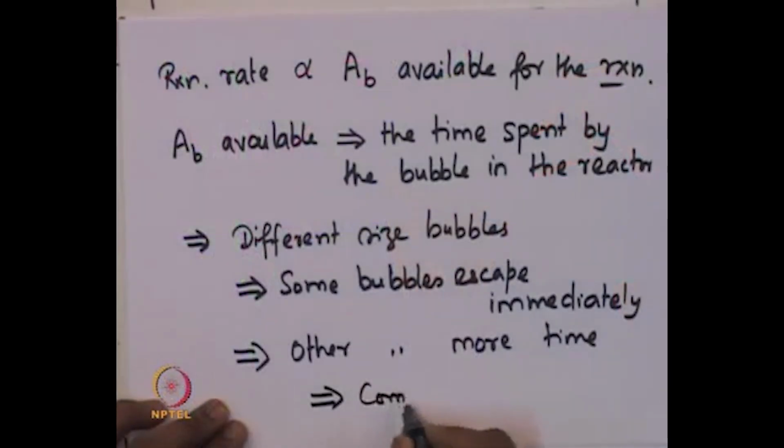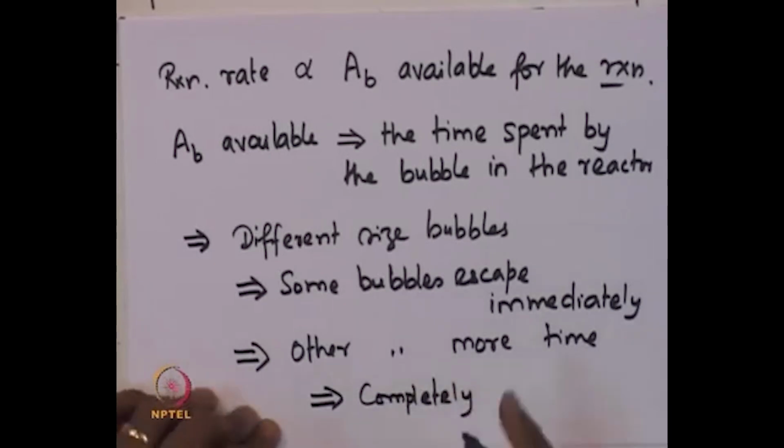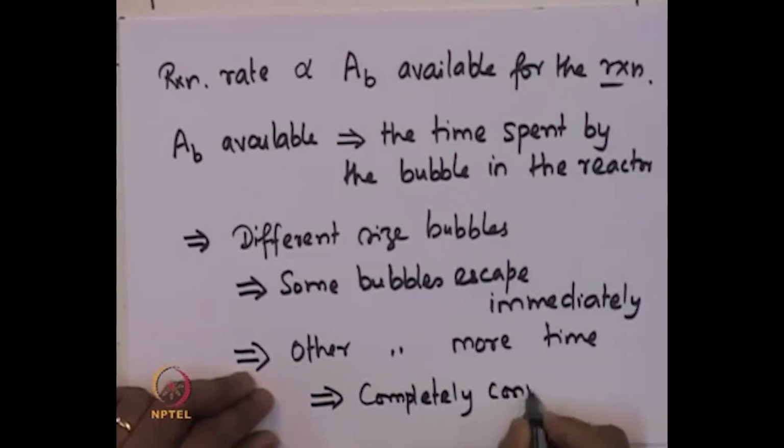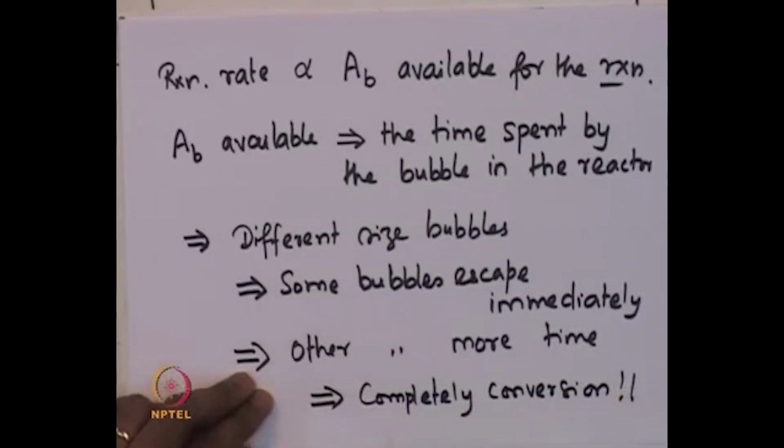So, the gas species present in some of these bubbles gets completely converted. There can be complete conversion or complete consumption of all the species in each of these bubbles.